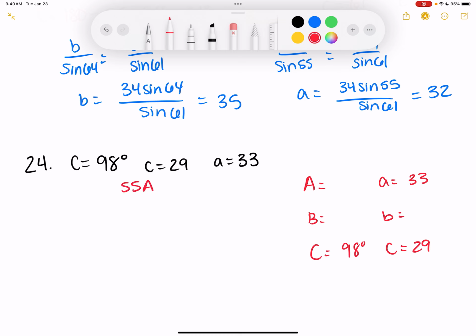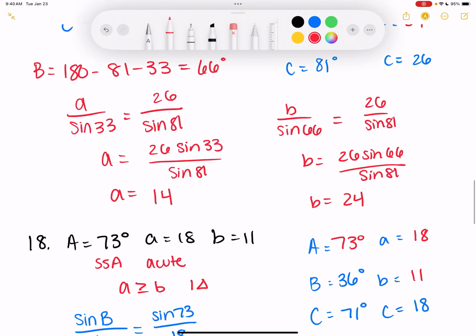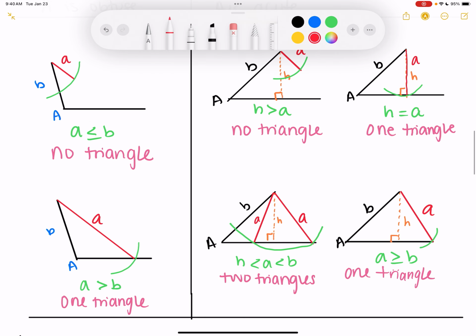Yep, it is obtuse. So, looking at C compared to A. Okay, so in this scenario, looking back at our chart, C is A and A is B. So C is going to be on the left, A is going to be on the right.